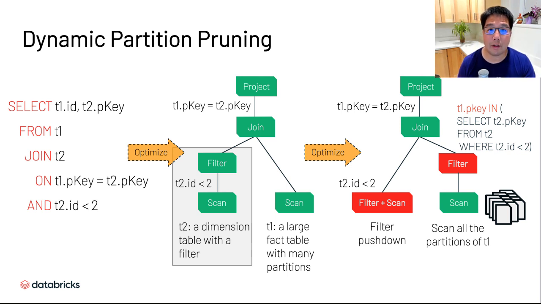So to dynamically prune the partitions of fact table 1, first we need to do a filter push down on the left hand side. You'll see it in red here, the filter push down, so we can generate a new filter on the right hand side. Spark will identify the P key values from the join to identify the filter and so the associated applicable partitions in fact table 1.